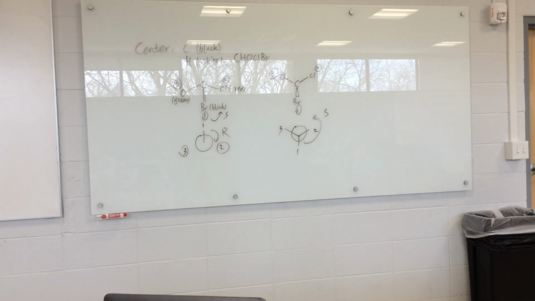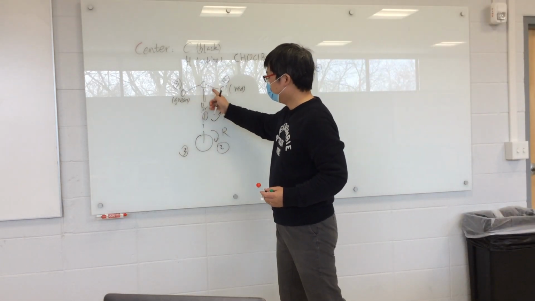So we need to have this tetrahedral configuration in our mind. We constantly need to refer to this. These two bonds are bending down.